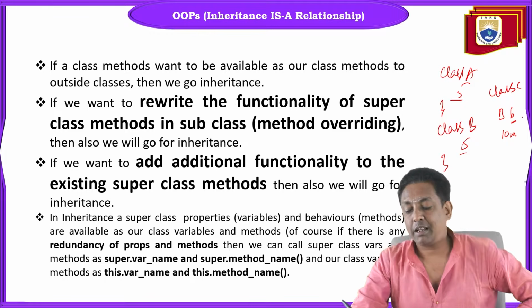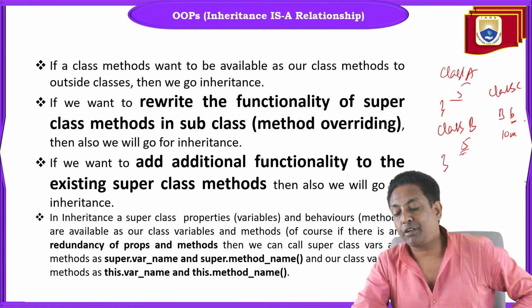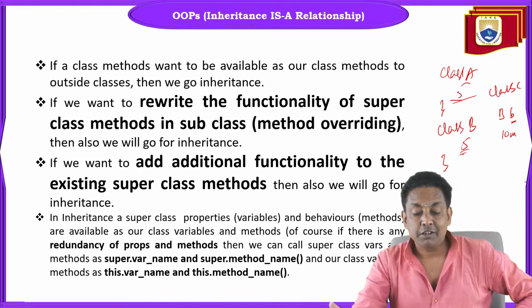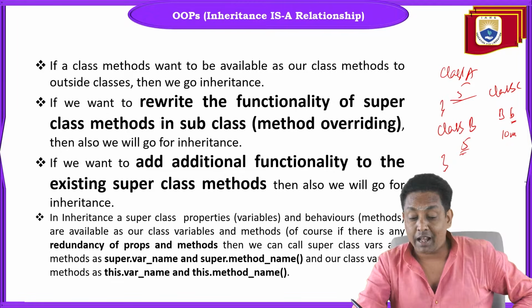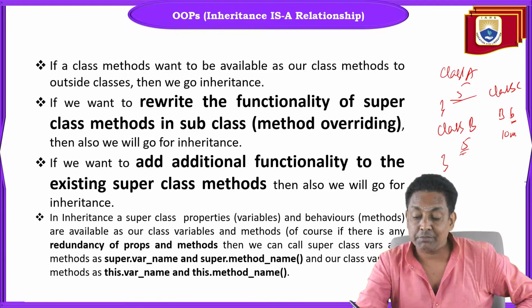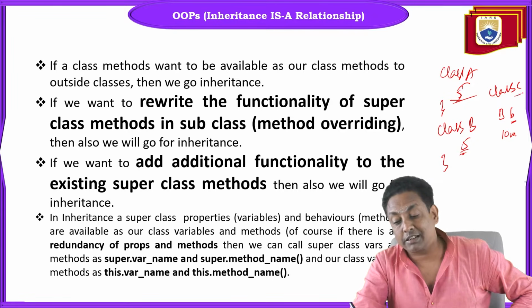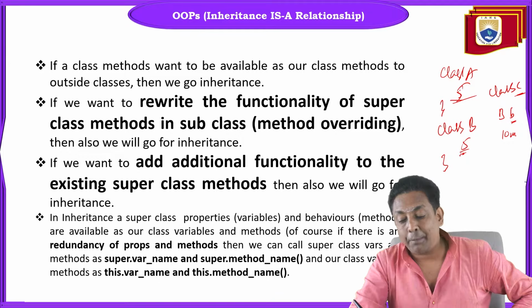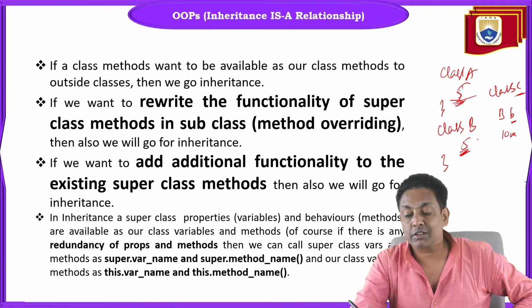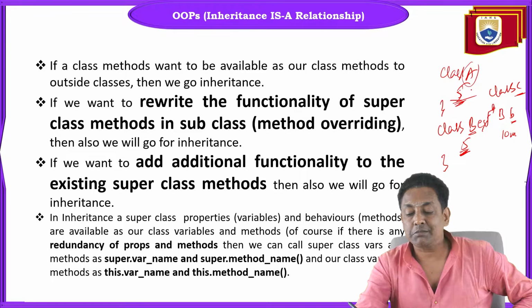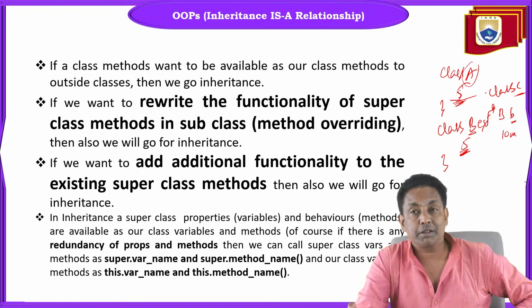How come B is claiming that it has 10 methods when it has only 5? Because 5 methods are coming from class A because of inheritance. So for class C, apart from B's own 5 methods, A's 5 methods are also available as class B methods because B extends from A. Because of inheritance, class A says all my methods are available as your methods.